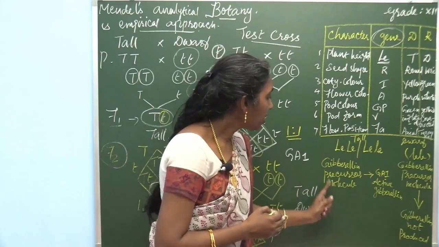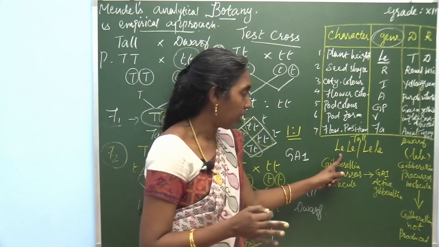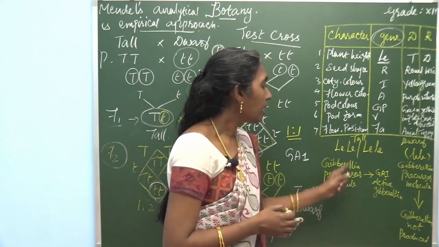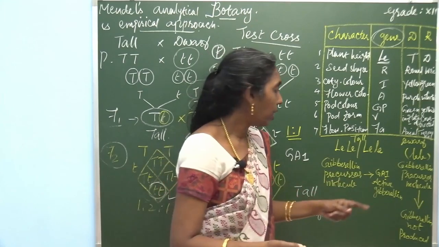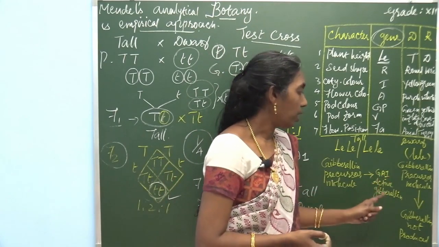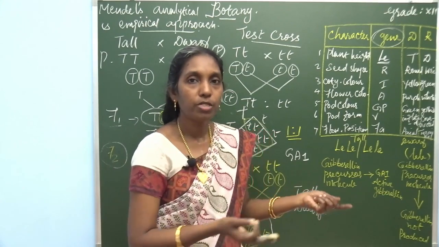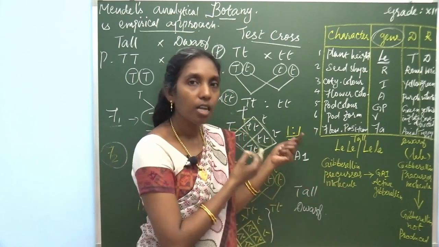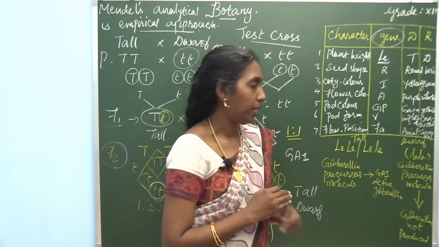And what happens here, the gibberellin precursor molecule is present in capital L small e, and this precursor molecule is converted into GA1. So, GA1 is the active form of gibberellin. So, it shows the character height, the tallness of the plant.